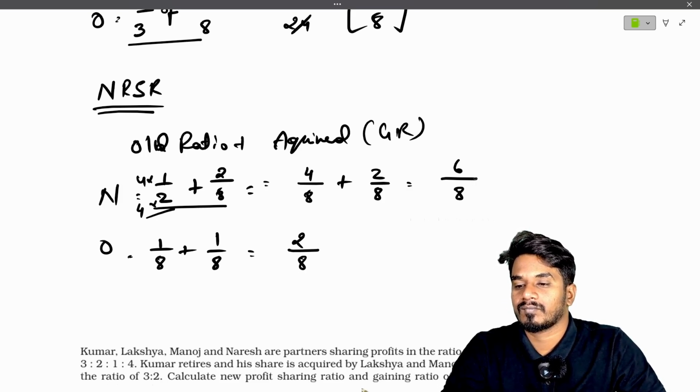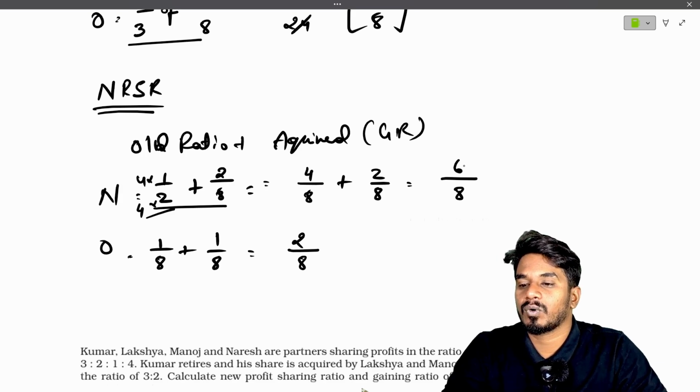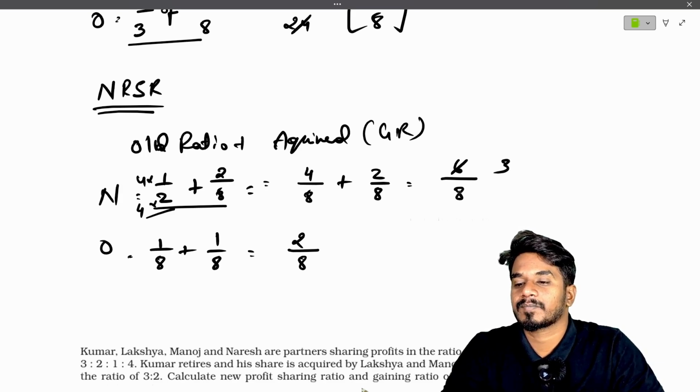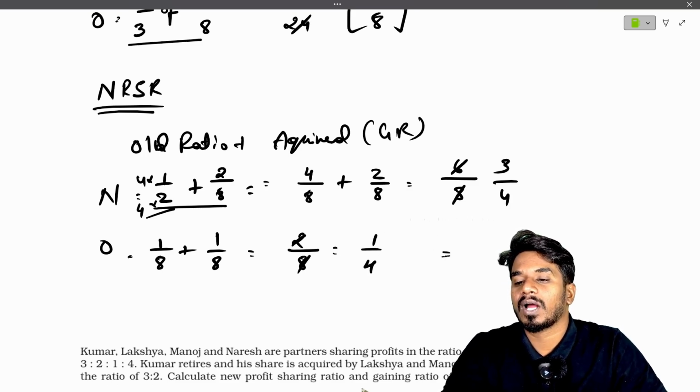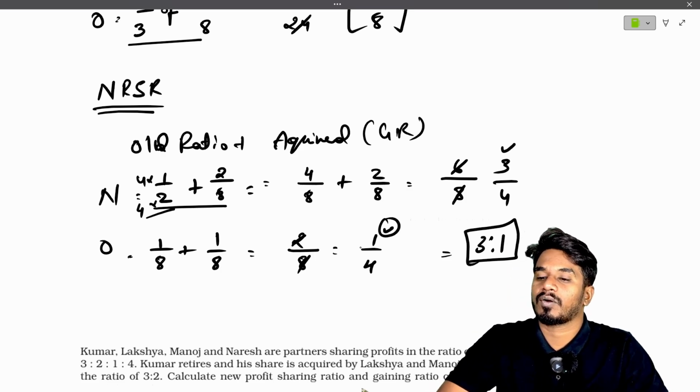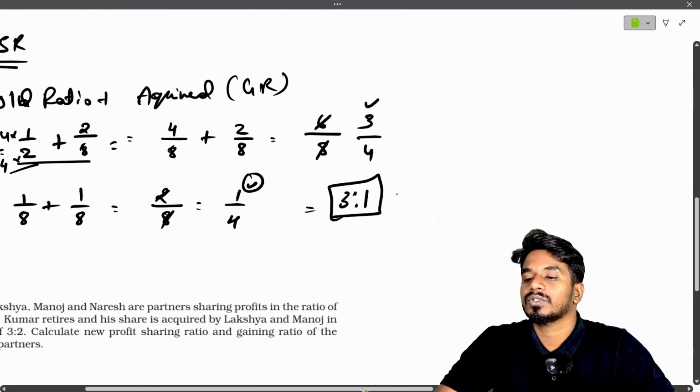So let us simplify it more. 2 threes are 6, 2 fours are 8, 2 ones are 2, 2 fours are 8. So you got 3 is to 1 as the ratio. 3 is to 1 as the new profit sharing ratio. So this is your NPSR.